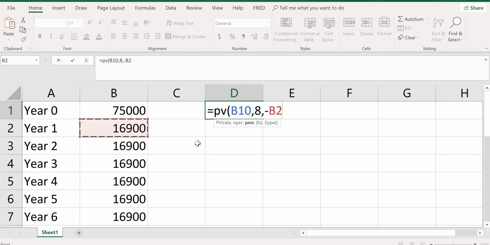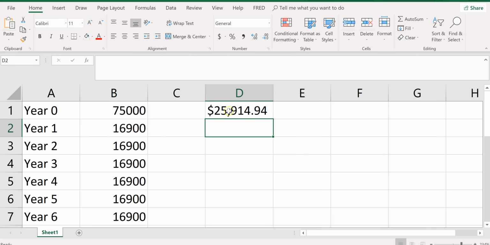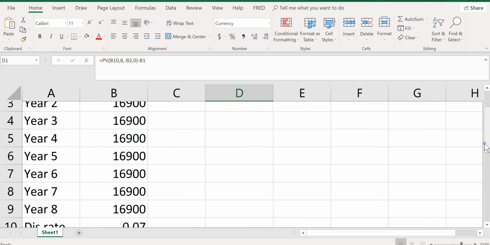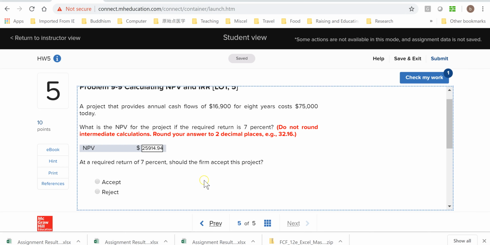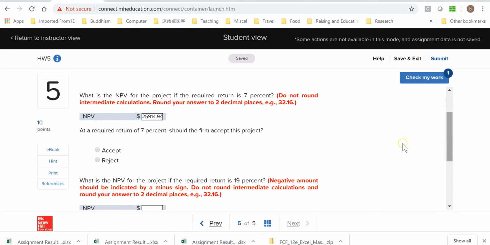And finally, the future value is 0. That's only the present value of all future cash flows, the present value of the annuity in this case. And then we also have to subtract the initial cash outlay. You can see that both ways, we get exactly the same answer. So that's the NPV.